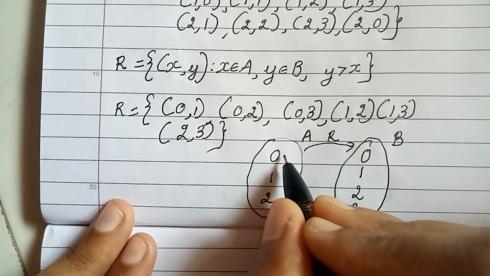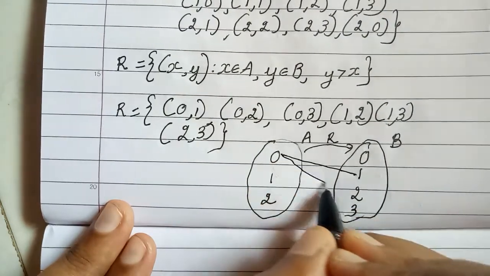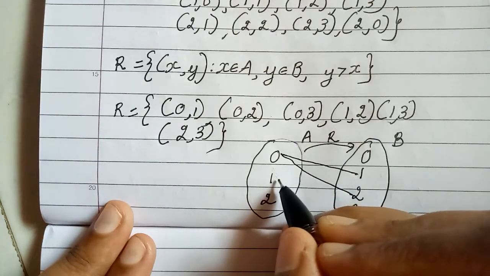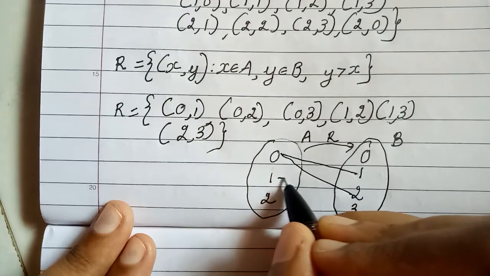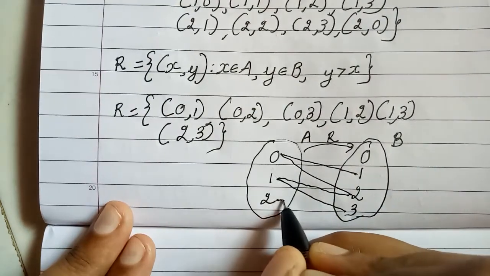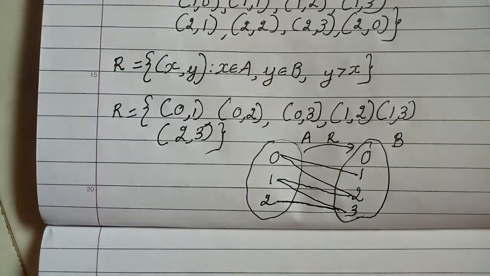Your 0 goes to 1. Your 0 goes to 2. Your 1 goes to 2 and your 1 goes to 3. And 2 goes to 3. So this is a diagrammatic representation of a relation under sets A and B. This is a subset of A cross B.